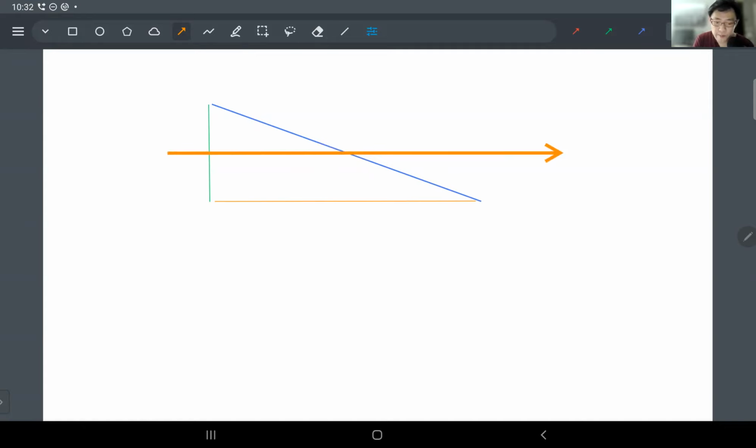But now I want you to imagine this. If you think of this to be the direction of the light coming from a flashlight, for example, and then you look at the blue region over here.